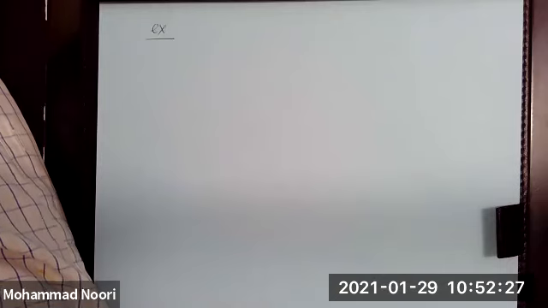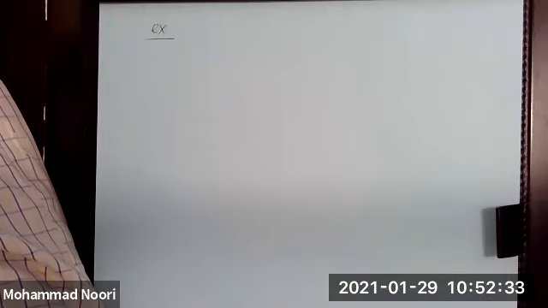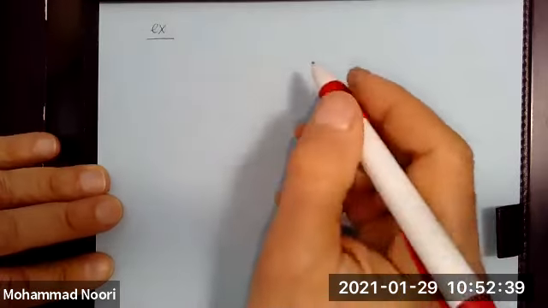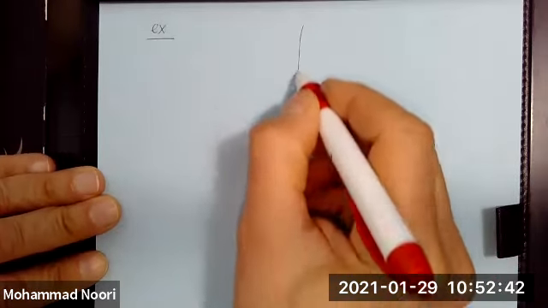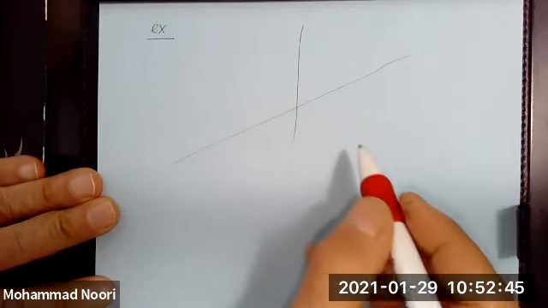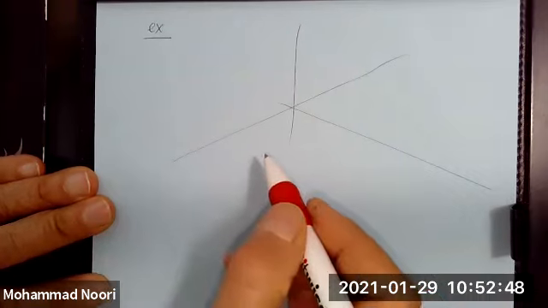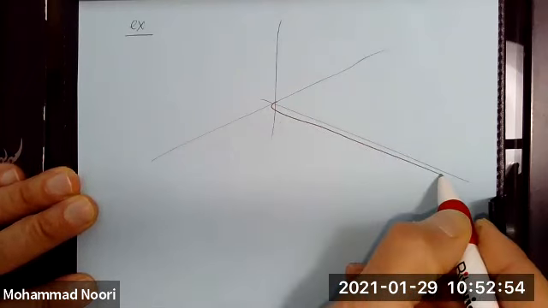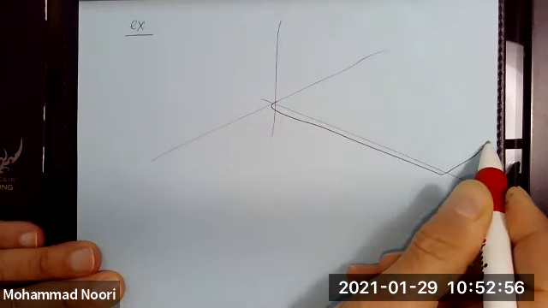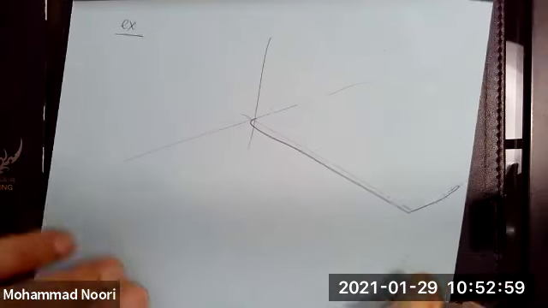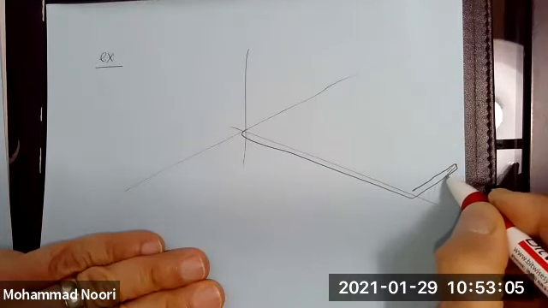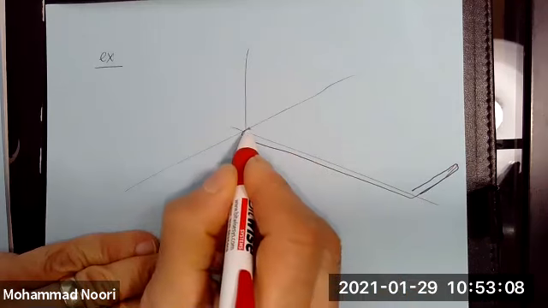All right, I'm going to do this problem, which is a good problem. Okay. So this is the problem. We have a frame type structure like this, which is an F shape 3D frame. It looks like this.